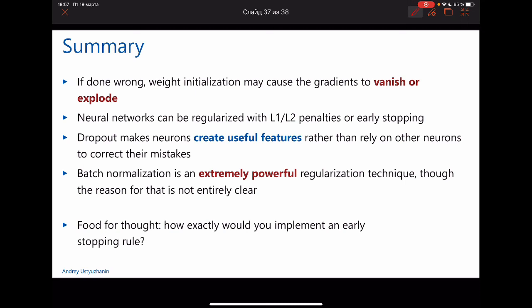So it brings us to the summary of this episode. We should be careful when doing some tricks with neural networks. In particular, initialization can lead to wrong consequences, but correct initialization may also be highly beneficial for neural network performance.